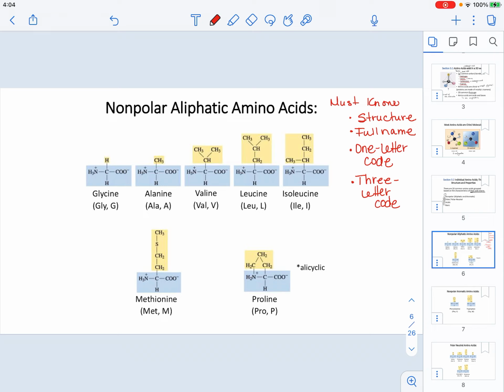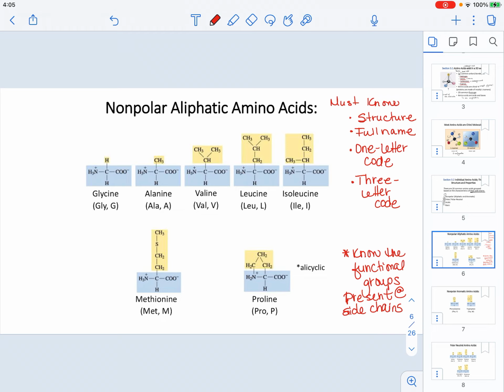So again, let's go back to talk about the nonpolar aliphatic amino acids. One thing that you can notice here is that the amino acids that are part of this group include glycine, alanine, valine, leucine, isoleucine, methionine, and proline. It is important that you also know the functional groups present in the side chains of the amino acids.